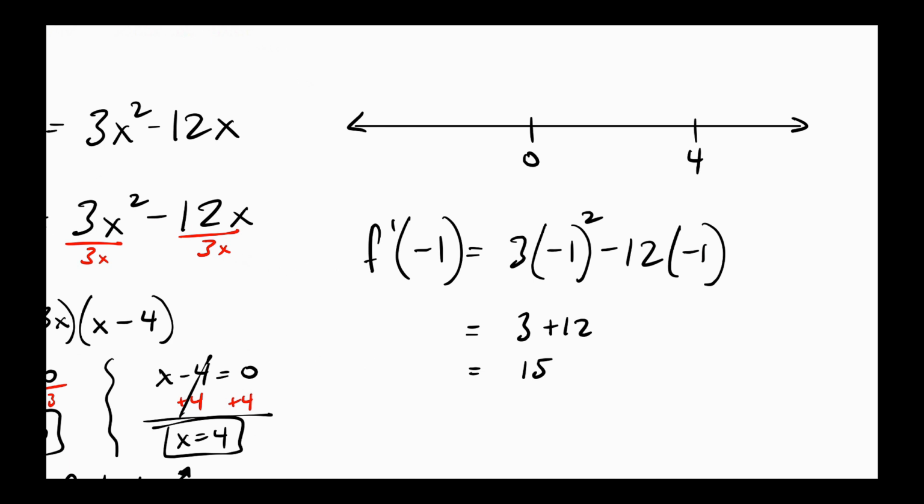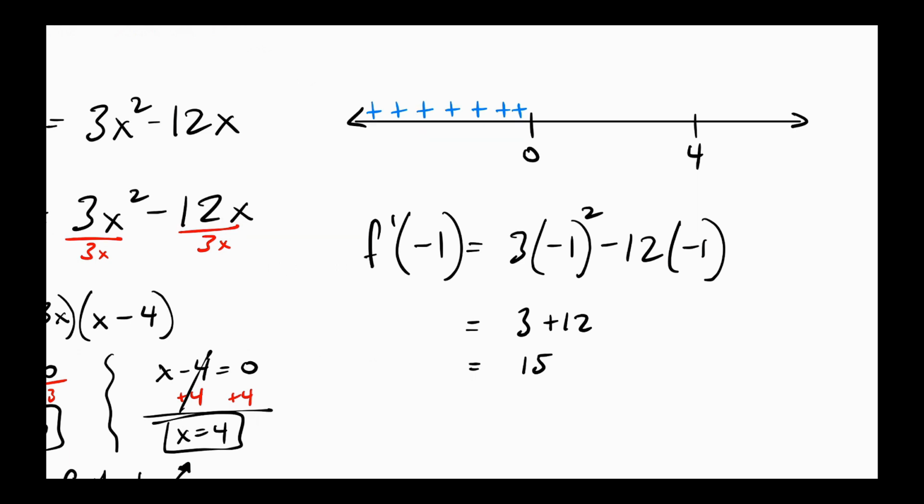So what that means is anything over here is going to be positive. Any number I plug into the first derivative that's left of 0, less than 0, is going to be positive. You can pick another number if you don't trust me. Pick a -2, pick a -3, pick a -4. Any number that I plug into that is always going to be positive.